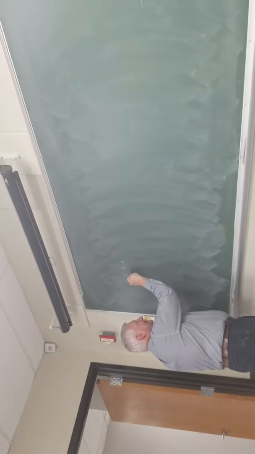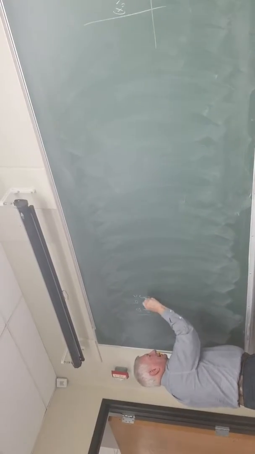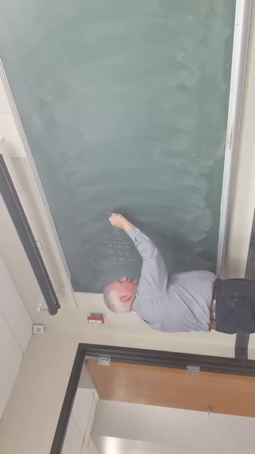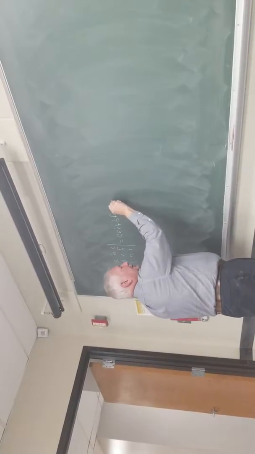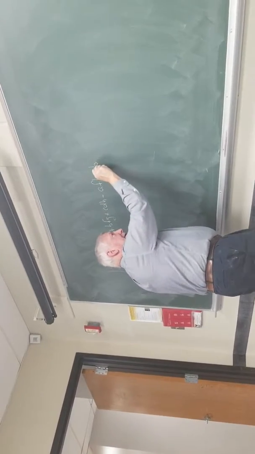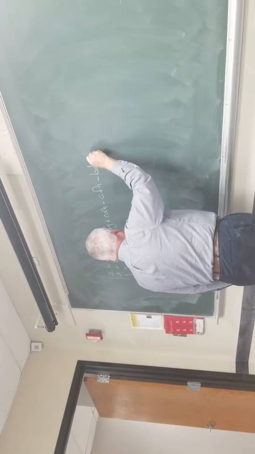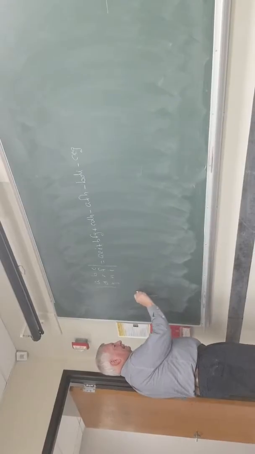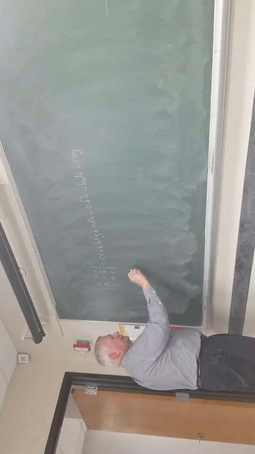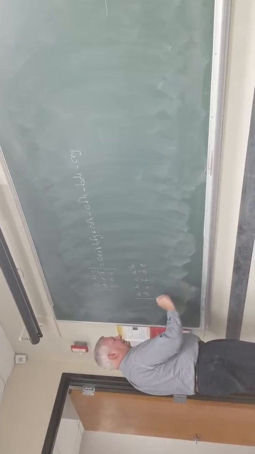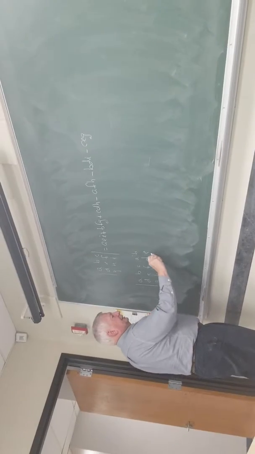A, B, C, D, E, F, G, H, I. This is A times E times I plus B times F times G plus C times D times H minus A times F times H minus B times D times I minus C times E times G. To get that, A, B, C, A, B, D, E, F, D, E, G, H, I, G, H.